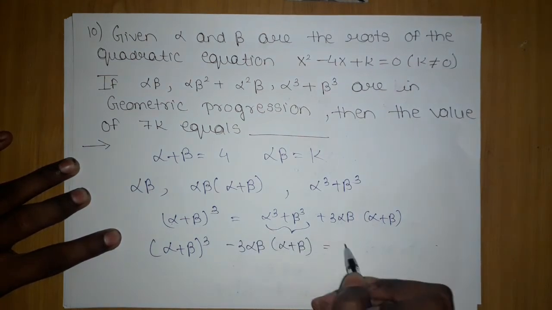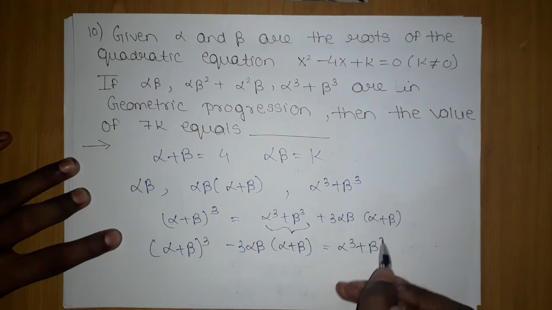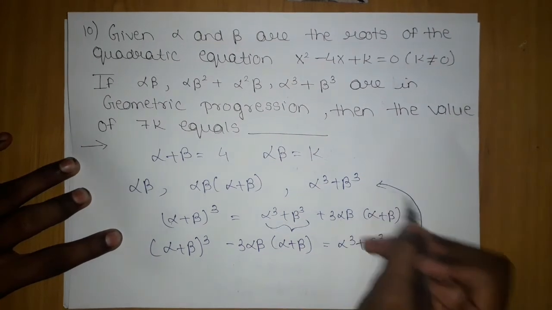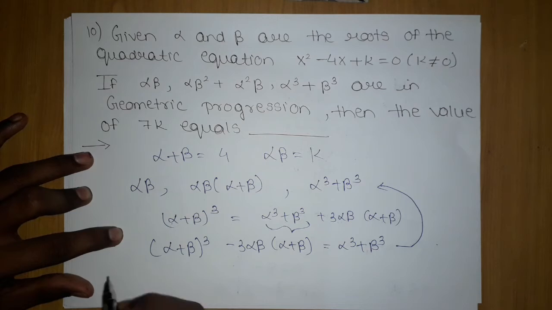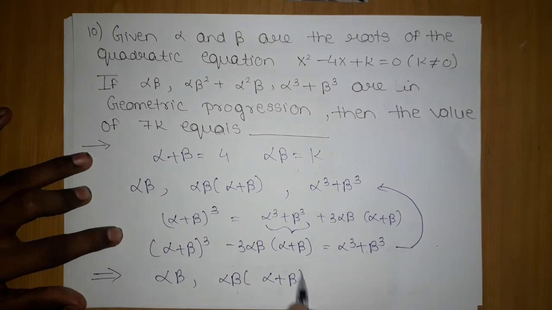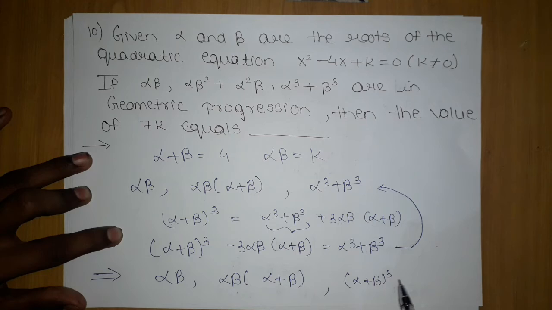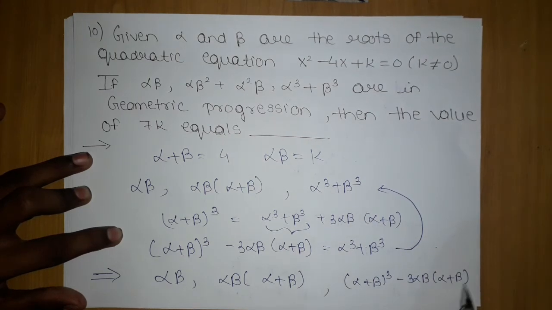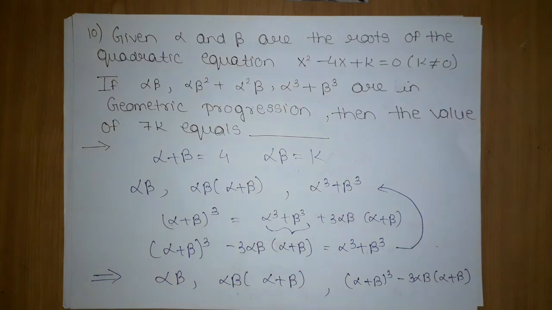So the final geometric progression is alpha beta, alpha beta into alpha plus beta, and alpha plus beta the whole cube minus 3 alpha beta into alpha plus beta.